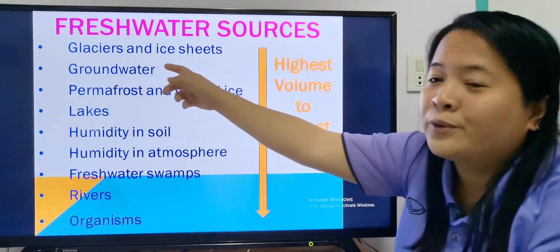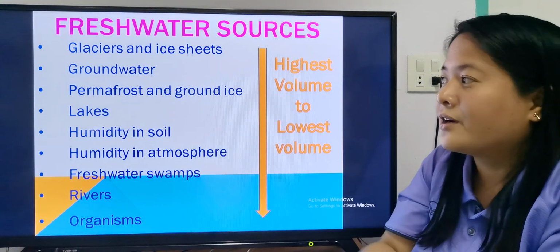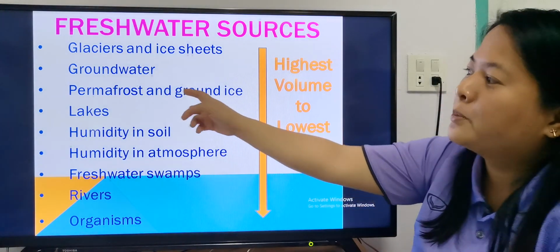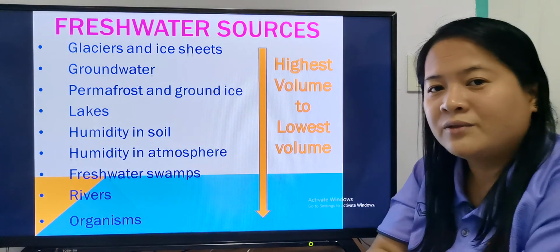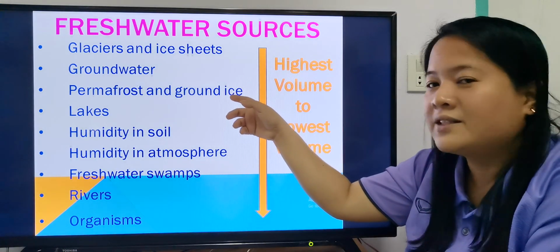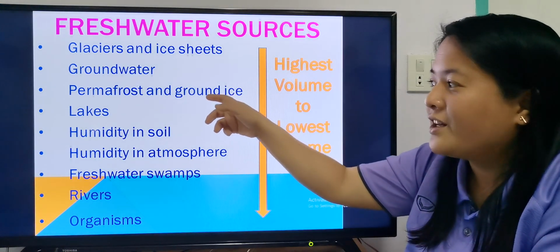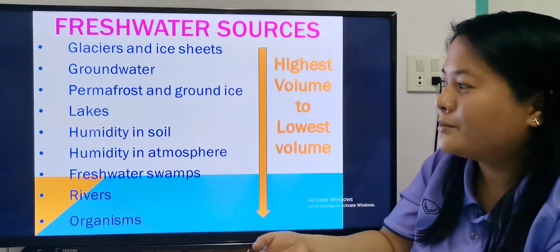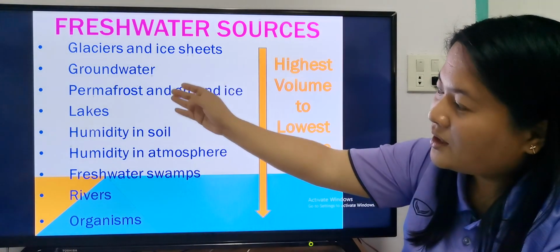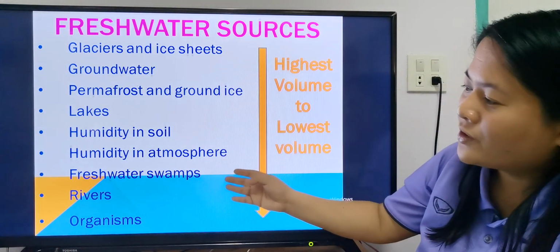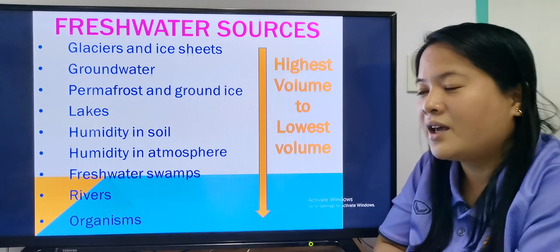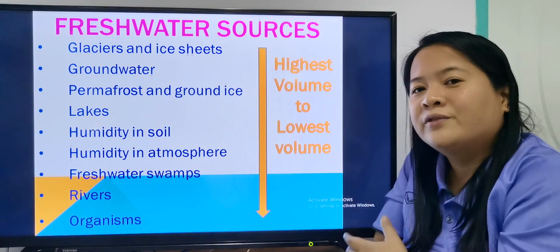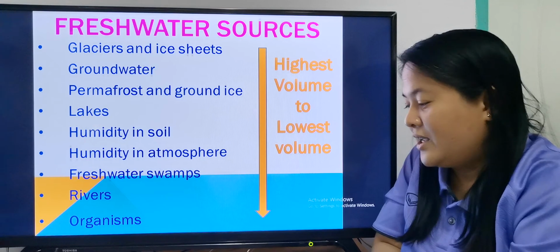In groundwater, we can use it for our daily activities. Permafrost and ground ice, we don't have that in our country, in Thailand, and it's also not available for consumption. We have other sources of fresh water also. These are all the fresh water sources on earth.